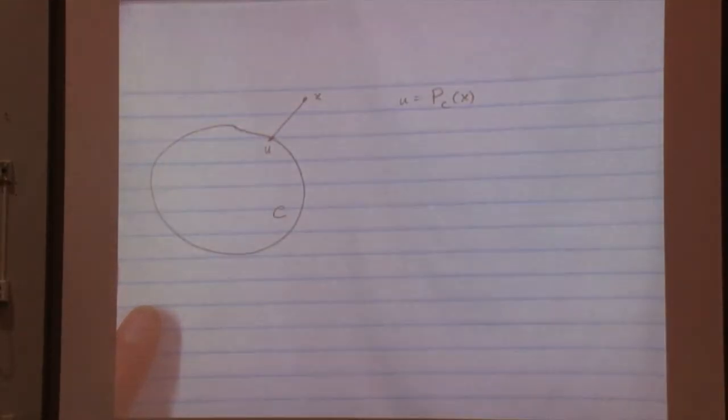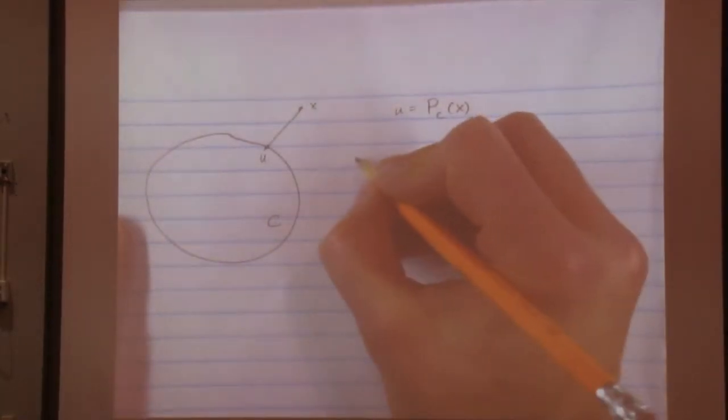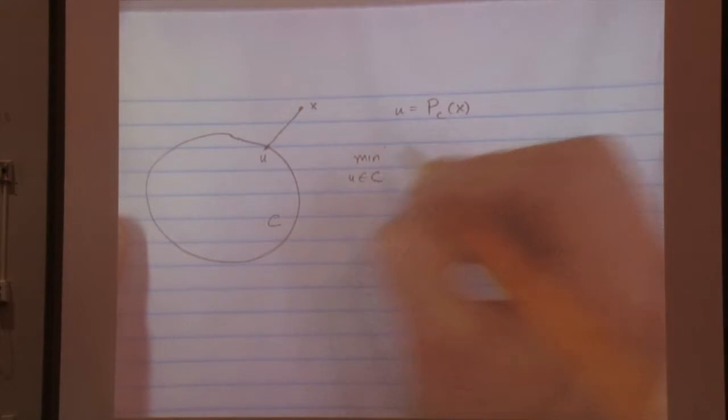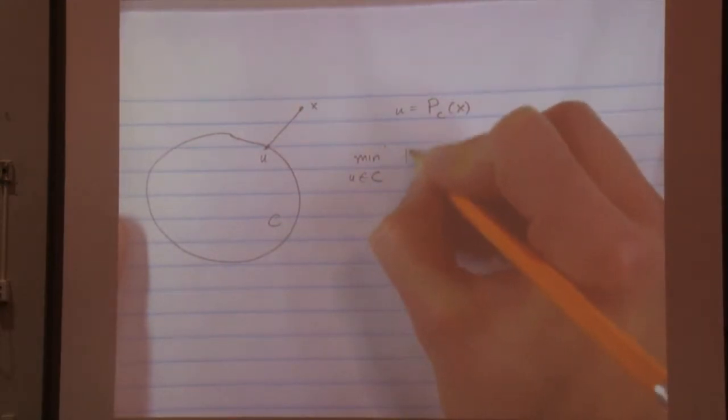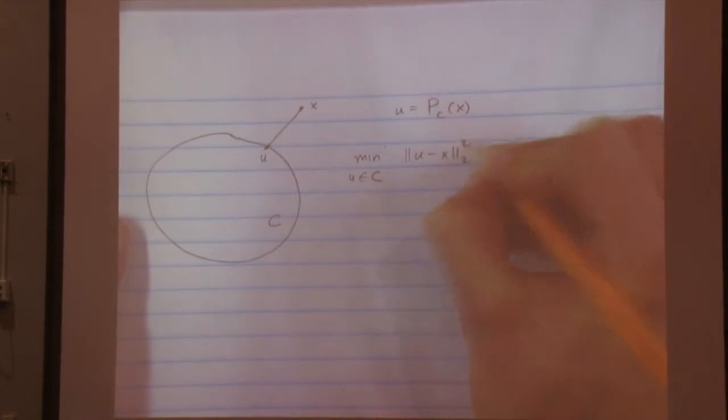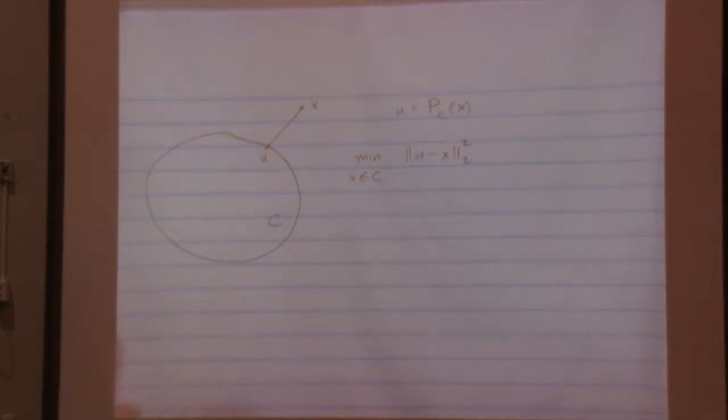That's how we're going to write it. In other words, U solves this problem: minimize over U in the set C the squared distance between U and x. We don't need to worry about the square. I could have just put the norm there too.